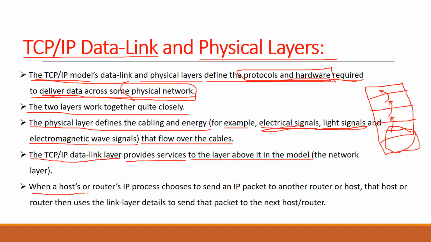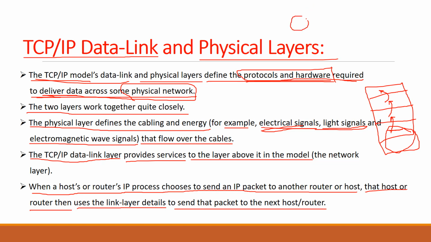So when a host's or router's IP process chooses to send an IP packet to another router or host, that host or router then uses the link layer details to send that packet to the next host or router.